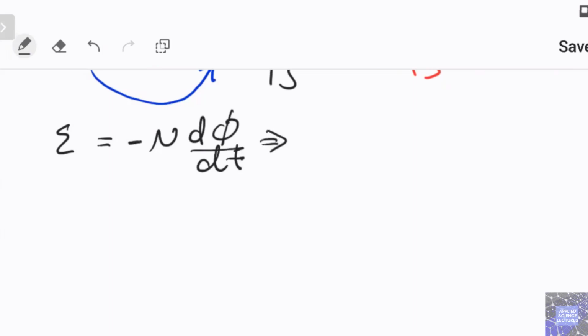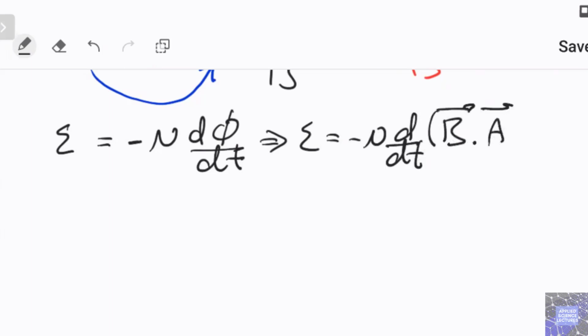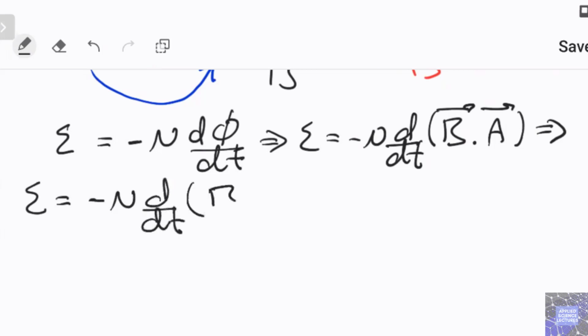We know that the phi is the magnetic flux, so this is going to be minus N d over dt for B dot A, which gives electromotive force equals to minus N d over dt B A cosine theta from the dot product of two vectors.